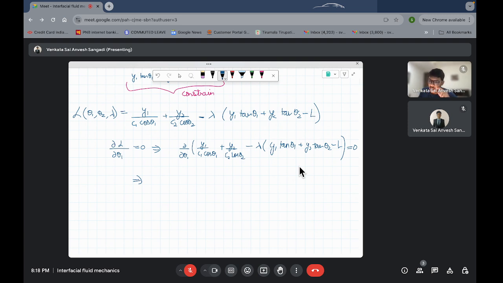Which gives us y1 by c1 sec theta 1 tan theta 1 minus lambda y1 sec square theta 1 equal to 0.